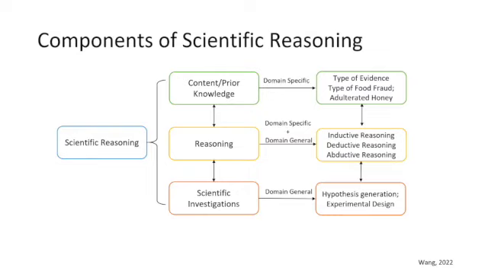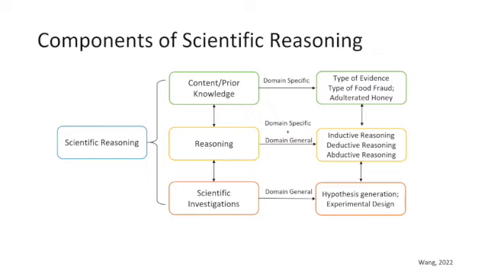To conduct specific scientific investigations, it also requires knowledge and skills, such as generating hypotheses and designing processes for data collection. This type of knowledge is also known as domain-general knowledge, which is content-free knowledge and skill.